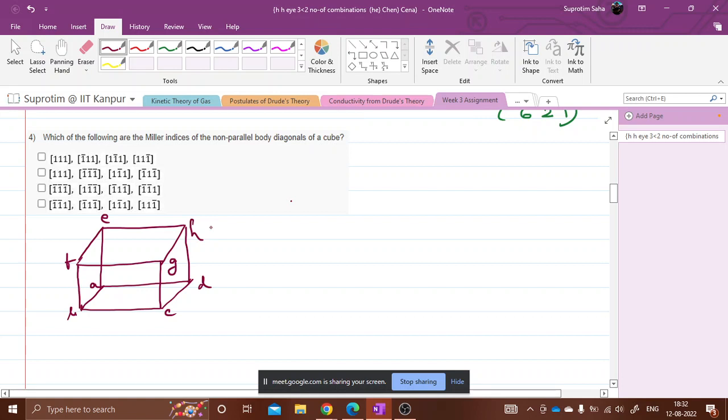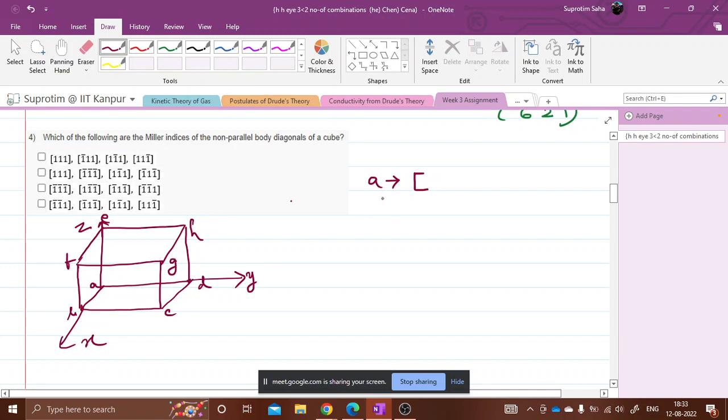All right. So now, if you take A as the origin, then you have to reach G, right? So if A is the origin, this is E, this is Y, this is X, right? So in this we have to go to 1, 1, and 1, right?